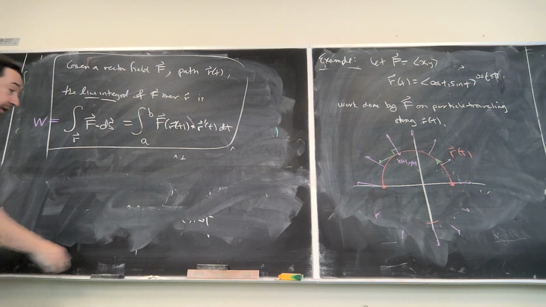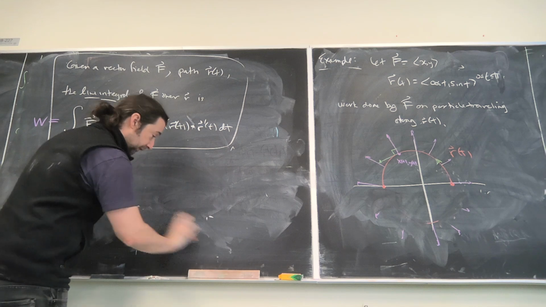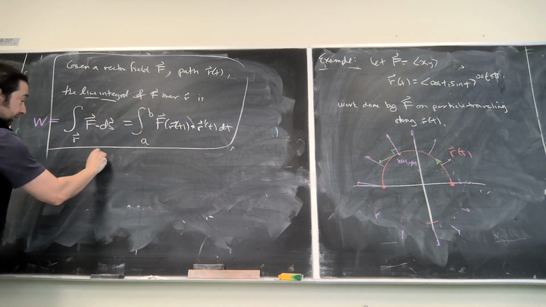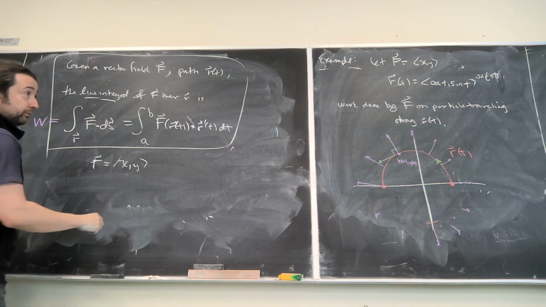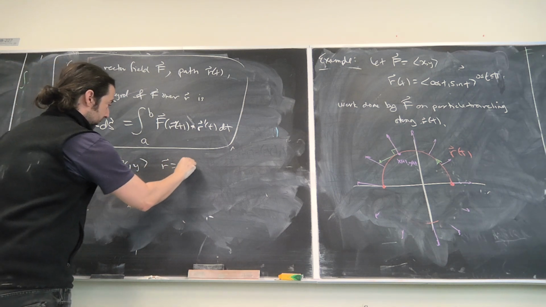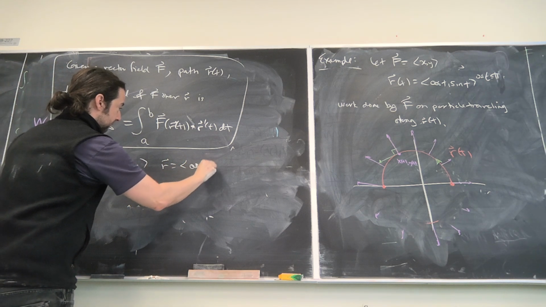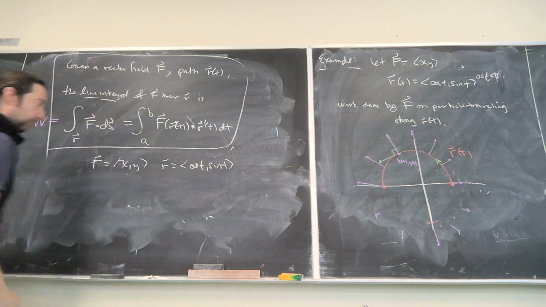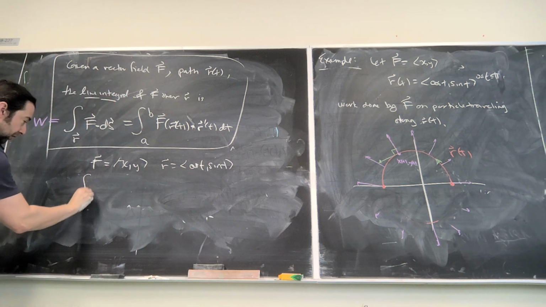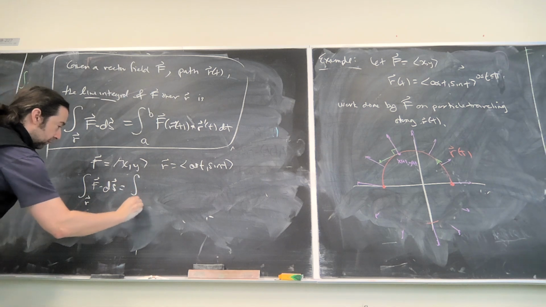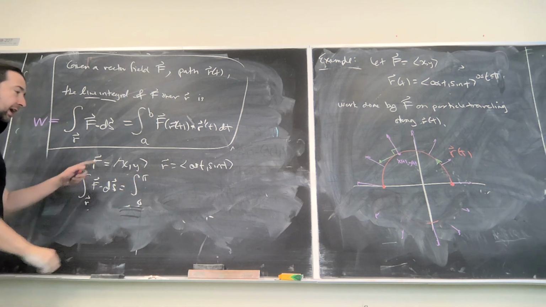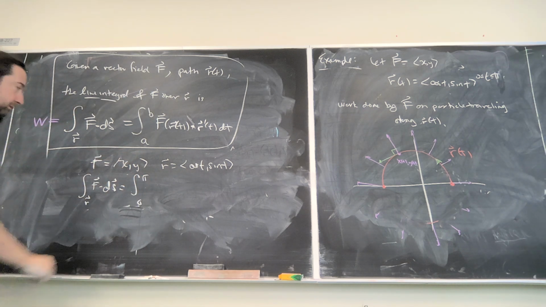So let's verify that with calculus. We think the work should be 0. Let's verify. F is equal to ⟨x, y⟩. R is equal to ⟨cosine t, sine t⟩. The integral over R of F dot ds should be equal to the integral from 0 to pi of F with r plugged into it.